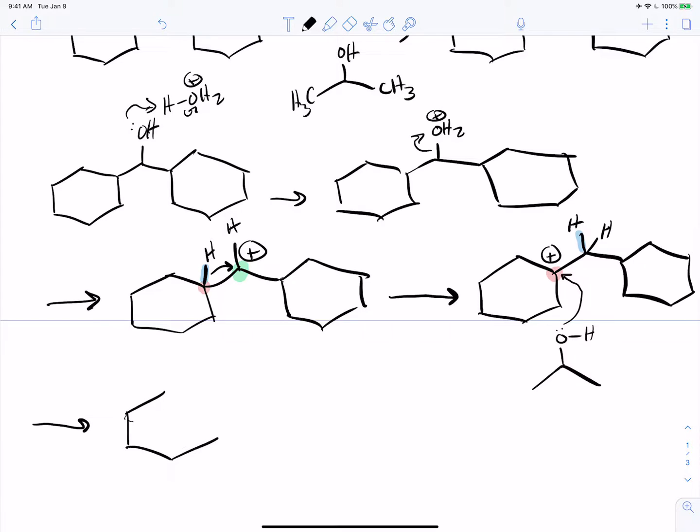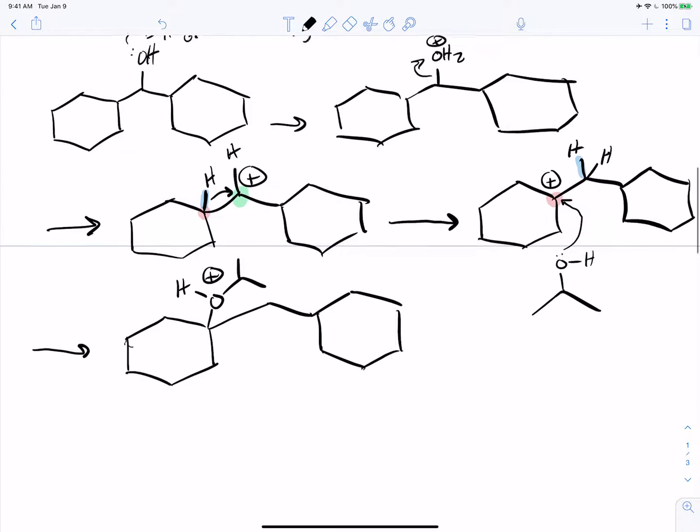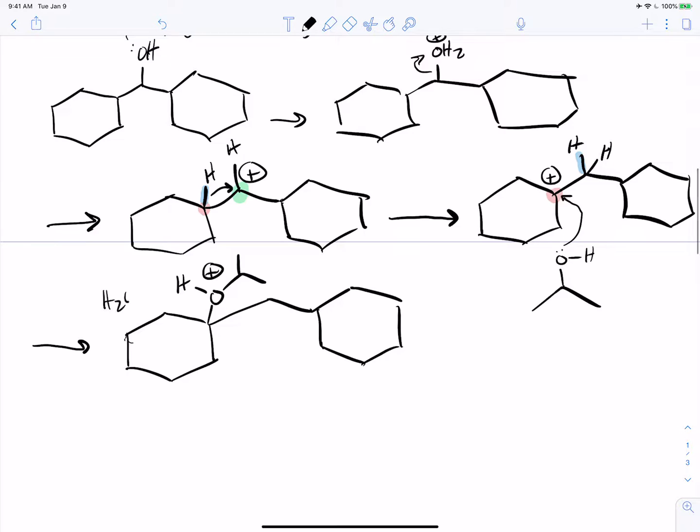Don't know how easily this reaction would go in real life, but it looks reasonable enough on paper. Okay. And then finally in the last step, water or something comes in and just pulls that proton off.